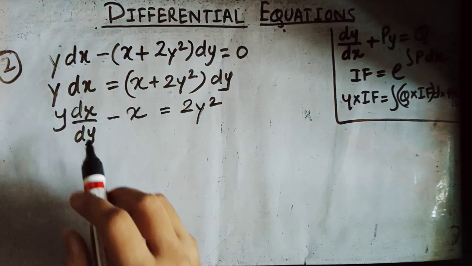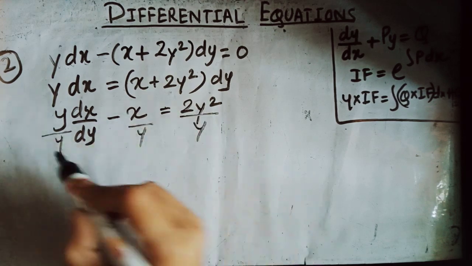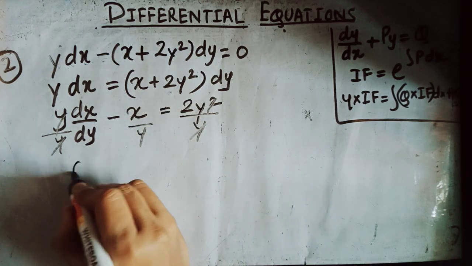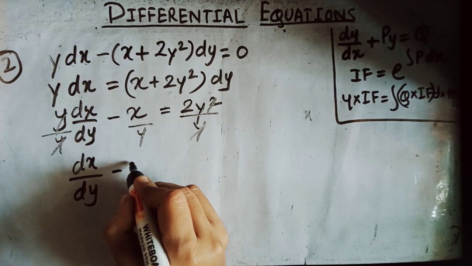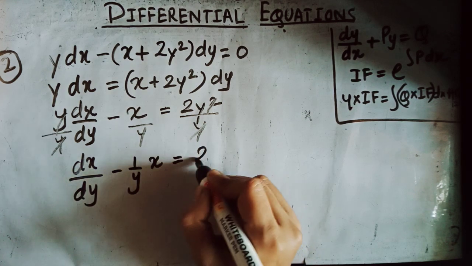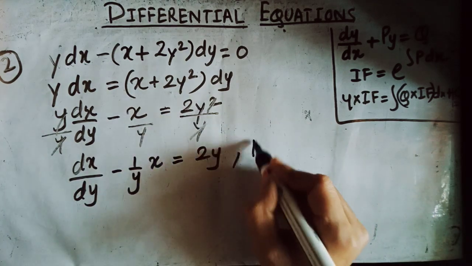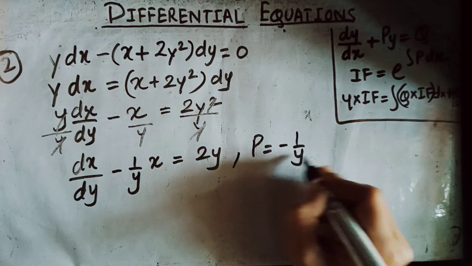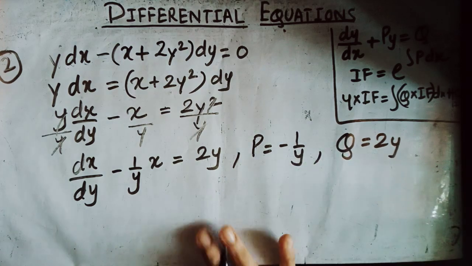Now dividing by y on both the sides, we get dx by dy minus 1 upon y x equal to 2y. So your p is minus 1 upon y and q is 2y.